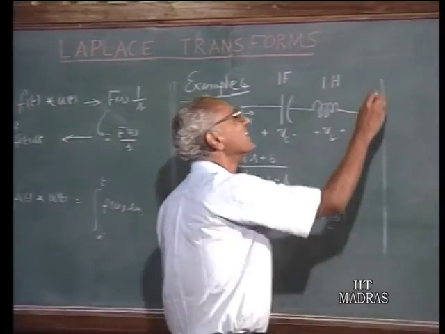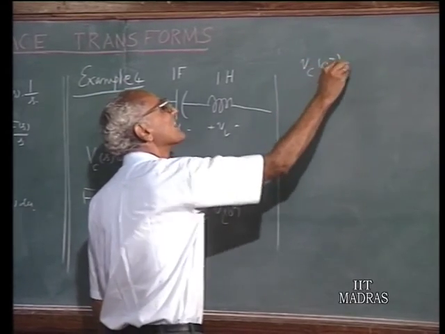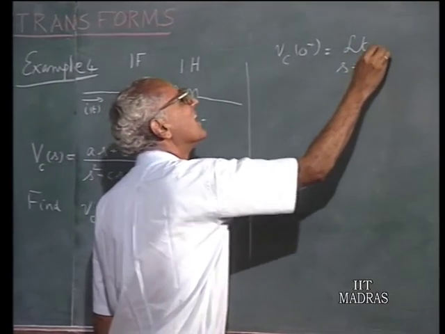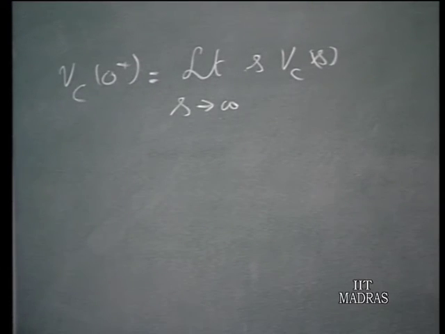So, let us see V c 0 plus, the initial value of the capacitor voltage, is the limit as s goes to infinity of s times V c of s. That is the initial value theorem.